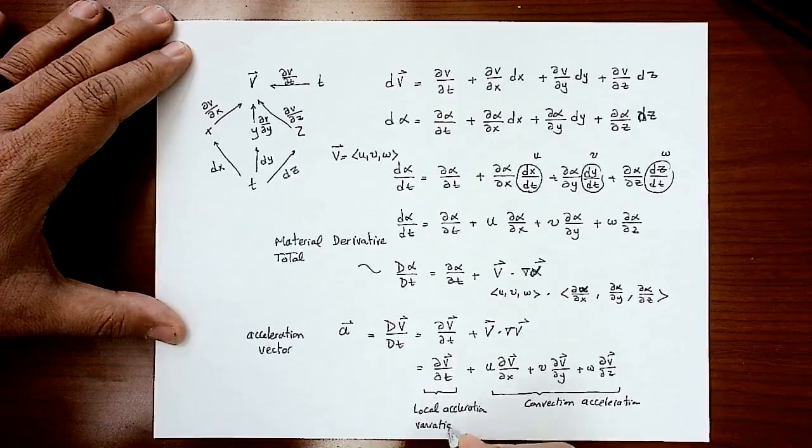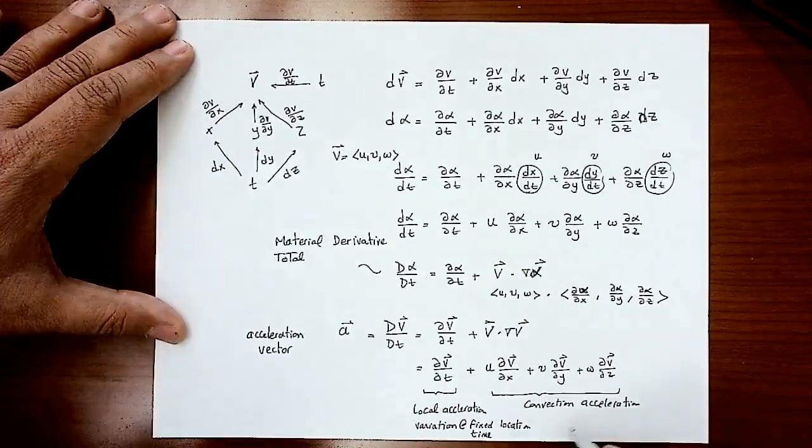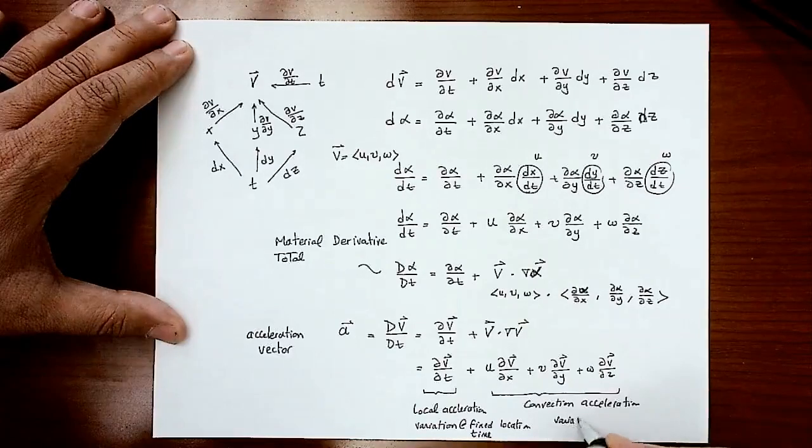So the local acceleration is the variation at a fixed location relative to the time, while the convection acceleration is the variation at a given time relative to position.